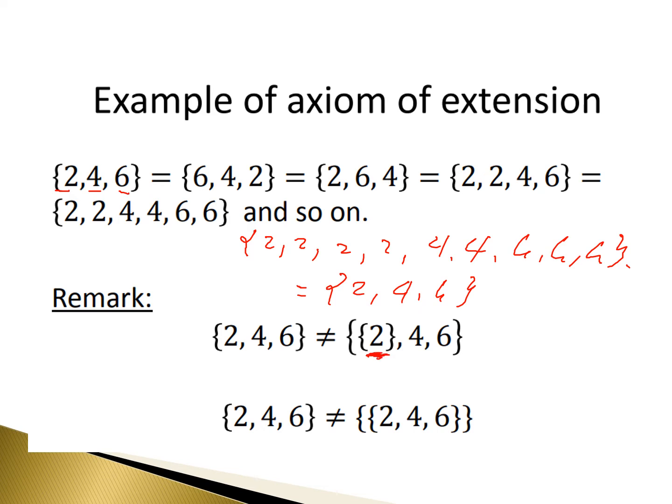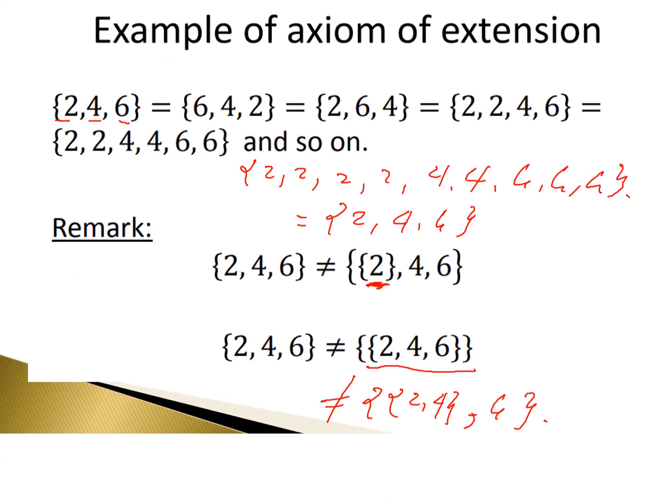Whereas here, {2, 4, 6} is not equal to, with the not-equal symbol, another set. Or another one here: if we have {2, 4} and then 6, they are not equal.